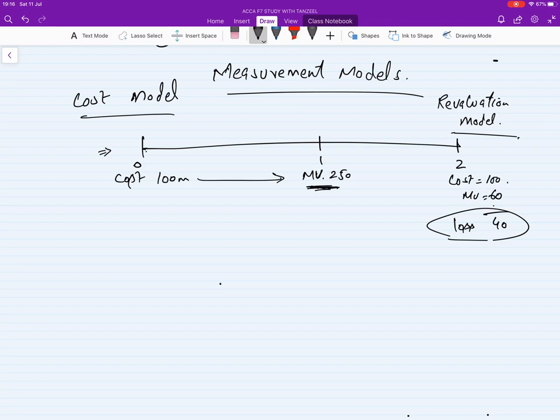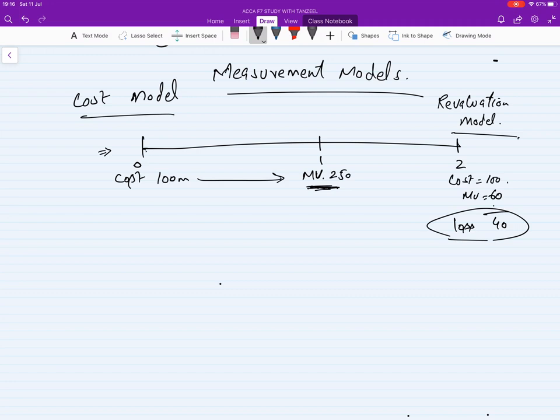On this point, the standard says no. If you have one model for one group of assets, you cannot have another model for that group. The group of assets is cars, so you cannot use the cost model for only one car. If you're using the revaluation model for one car, use the revaluation model for the rest of your cars.